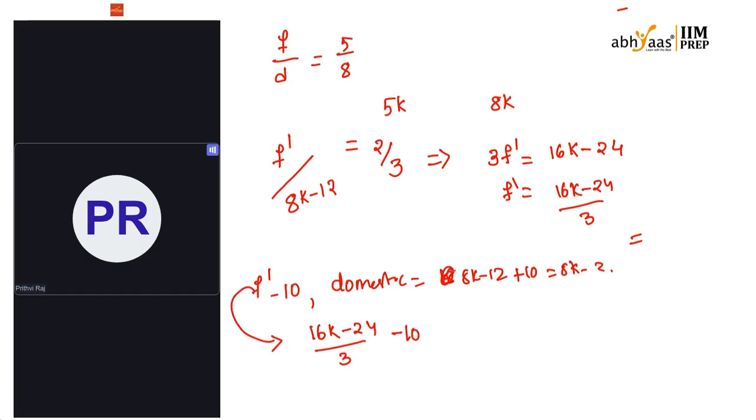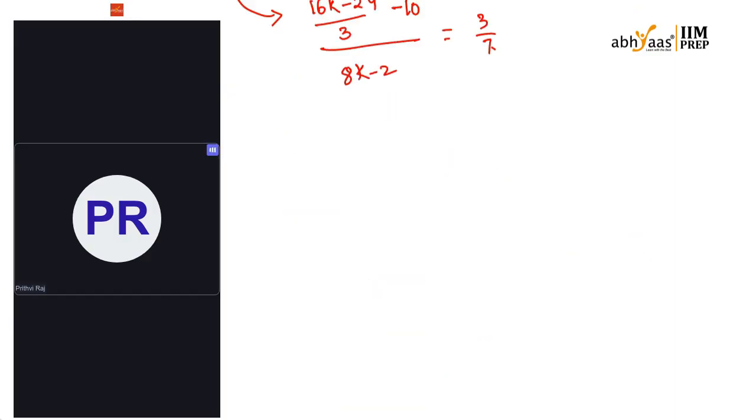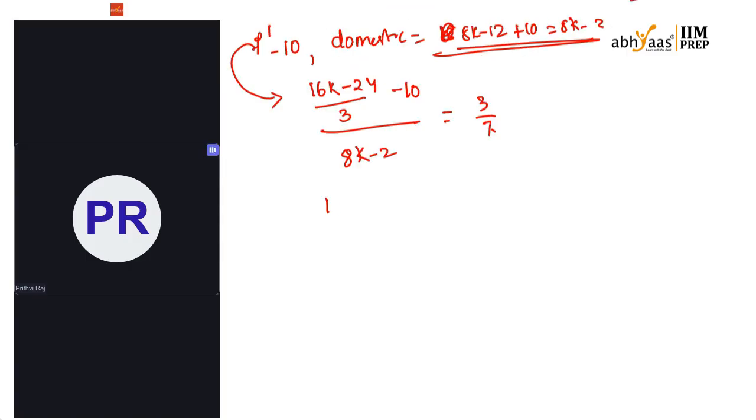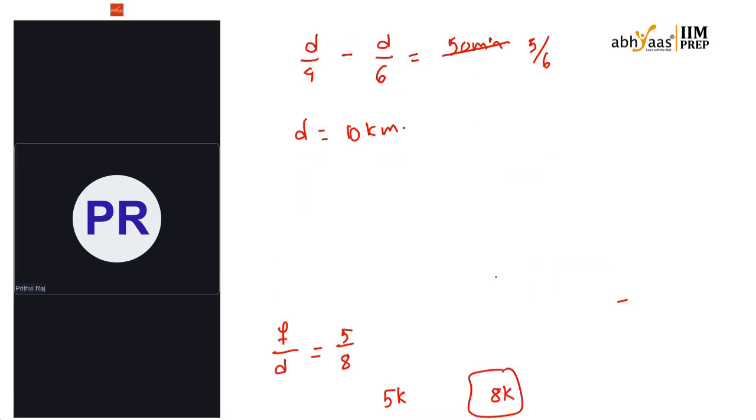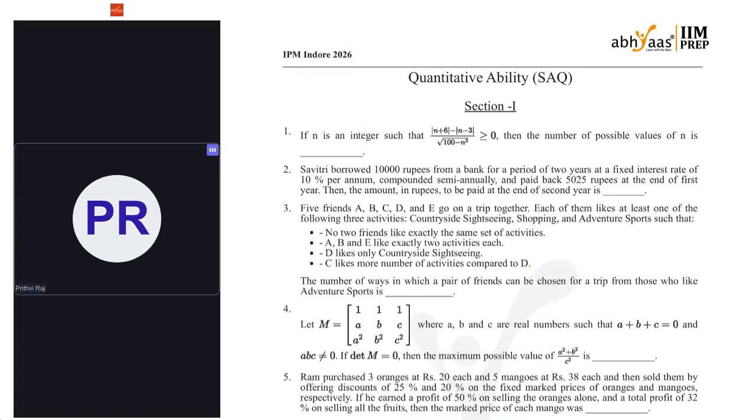That's what F dash means, divided by 8K minus 2, that means domestic workers, is equal to 3/7. Now calculate this and you'll get K. After calculation, you'll get K is equal to 9. So the initial domestic workers were 8 into 9, 72.